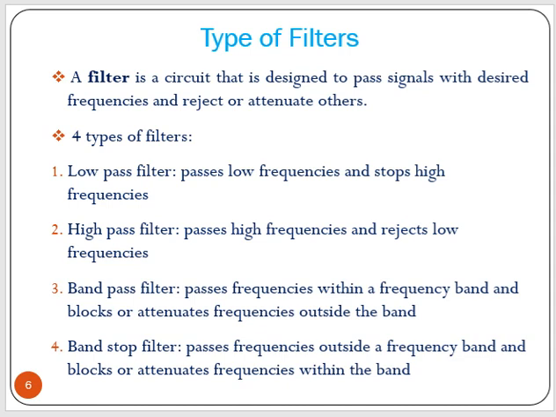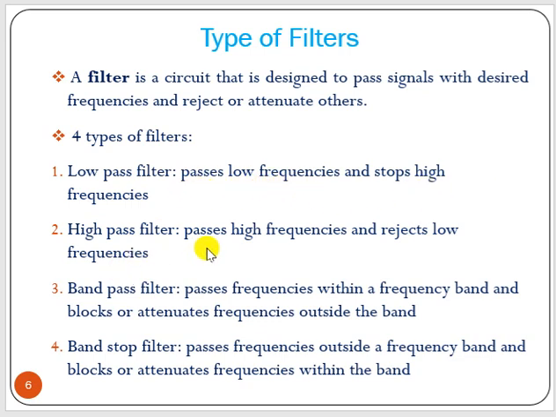Now, a filter is a circuit that is designed to pass signals with desired frequencies and reject or attenuate others. Or else we can say a filter is a frequency selective circuit, that means its transfer function, that is the output by input ratio, depends on the frequency. Now there are basically four types of filters. Low pass filter passes low frequencies and stops high frequencies.